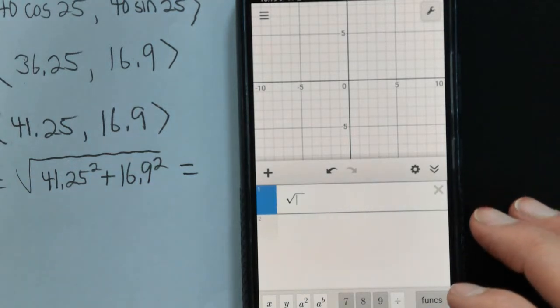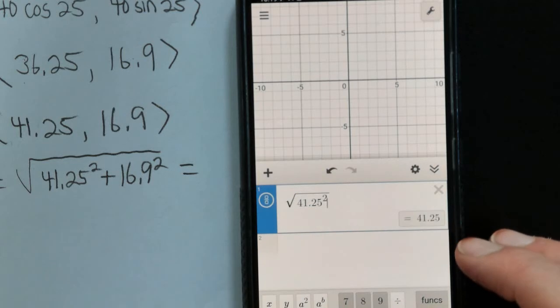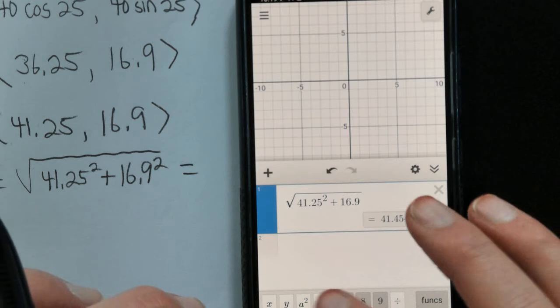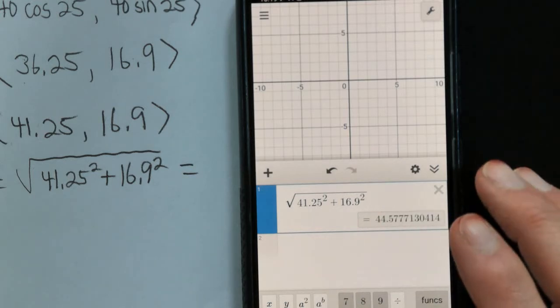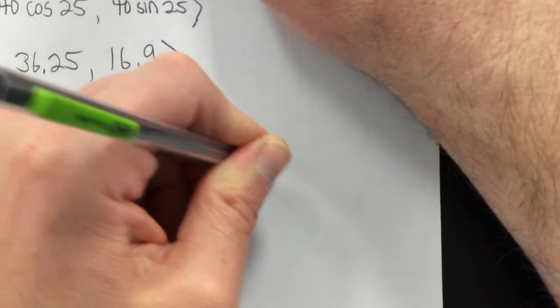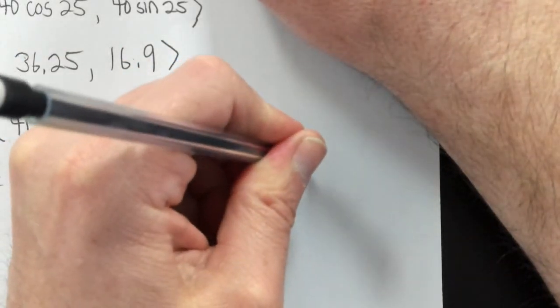I need square root of 41.25 squared plus 16.9 squared. And then there's my resultant speed, which is 44.58. And of course, we're talking meters per second is the unit.